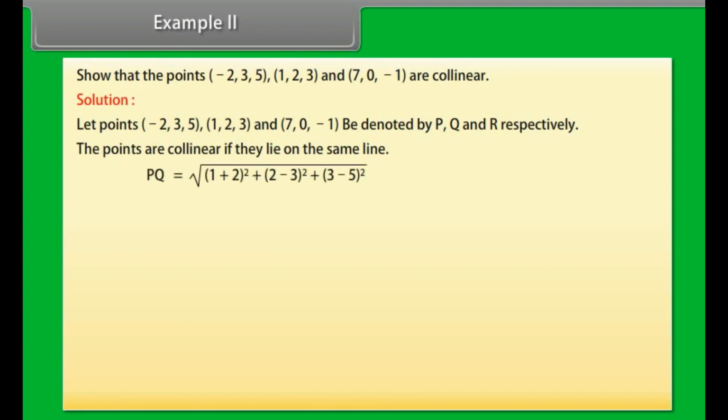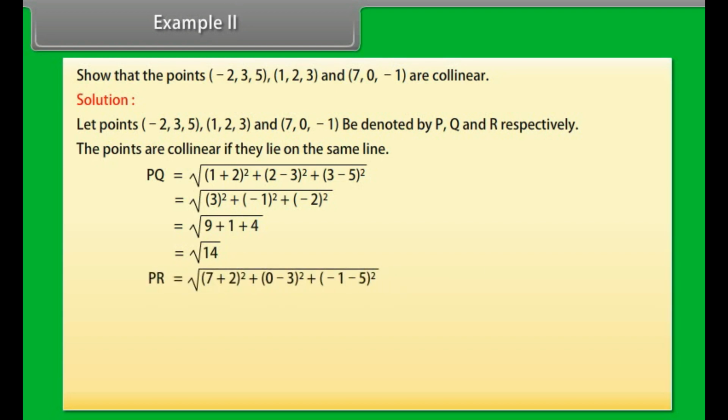PQ is equal to square root of (1 plus 2) square plus (2 minus 3) square plus (3 minus 5) square. After calculating PQ, we get square root of 14. PR is equal to square root of (7 plus 2) square plus (0 minus 3) square plus (-1 minus 5) square.